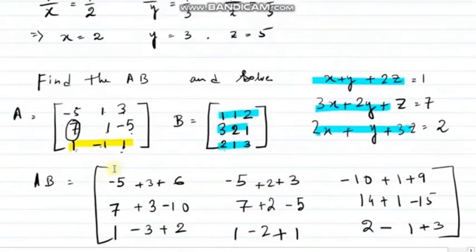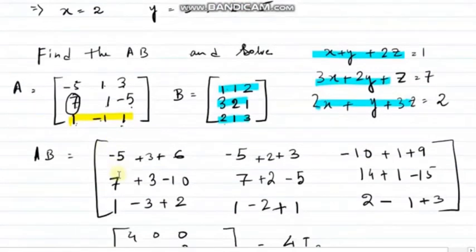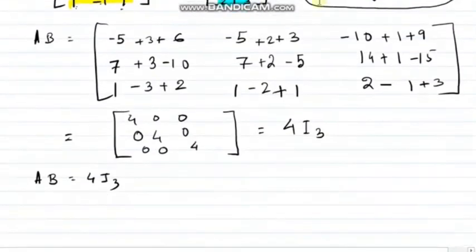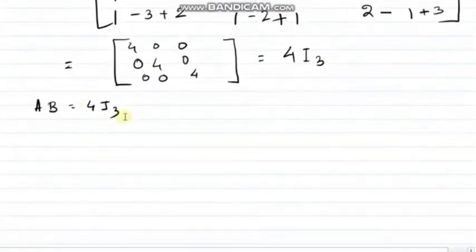Now, this was given as B, these equations, right? So to solve this equation, what I need is B inverse, right? As AB equals 4I3, from there can we write that 1/4 of AB is equal to I3?